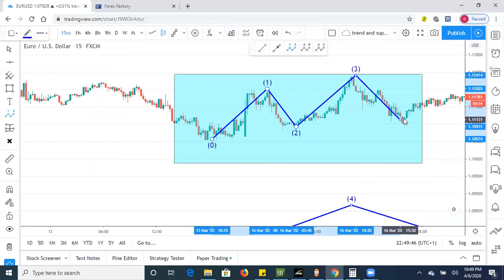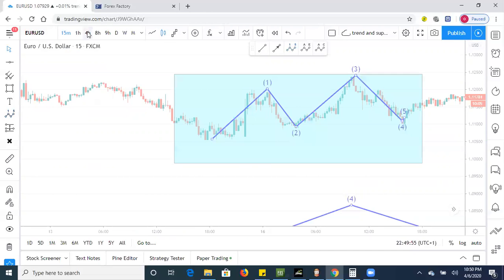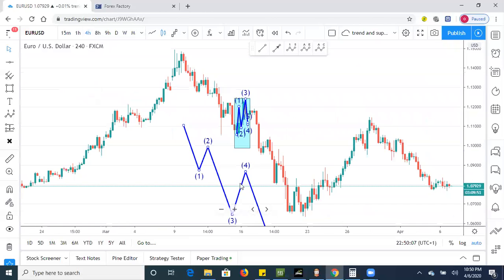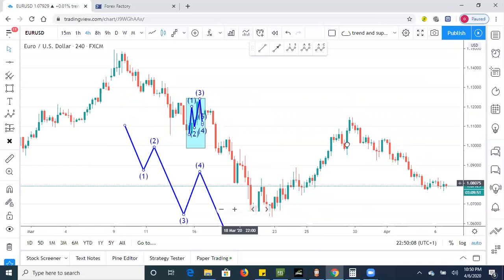This looks like an uptrend, right? On the 15 minutes. However, the bigger picture is that we are bearish, and it's usually better to trade in line with the bigger picture.